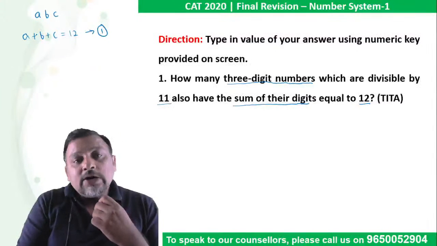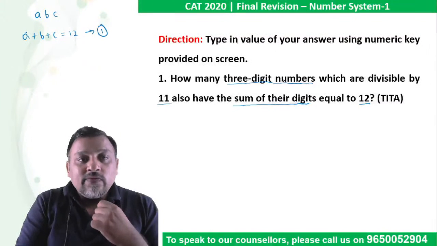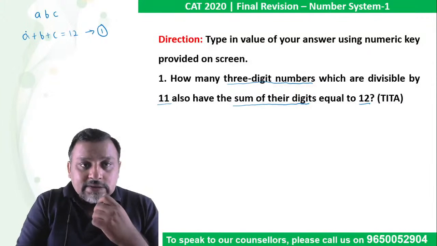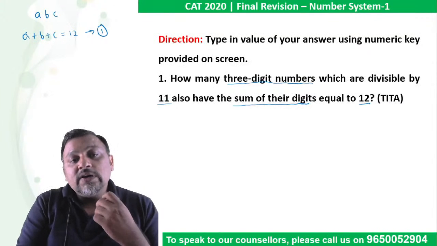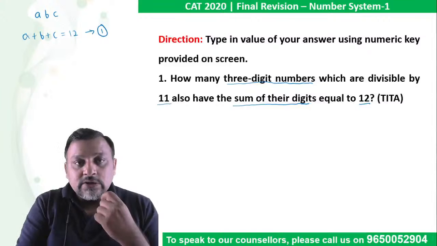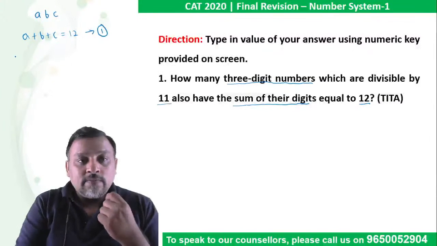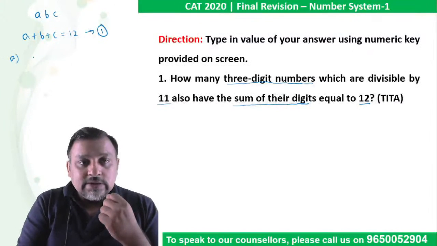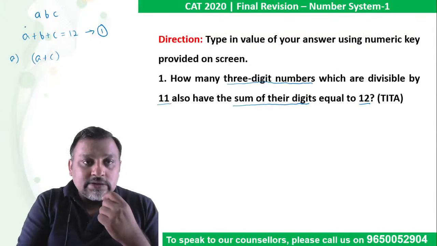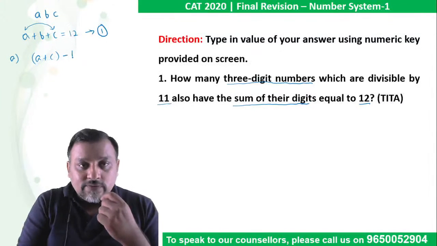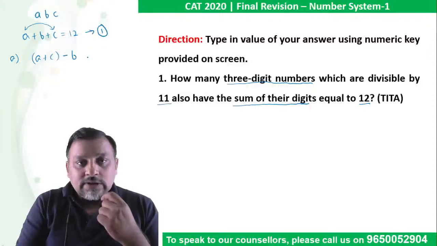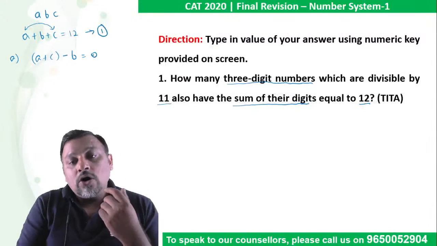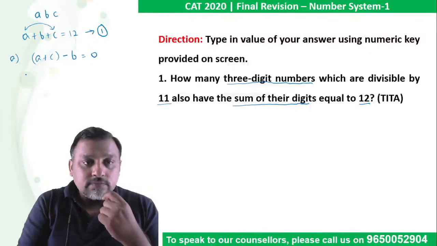So for a number to be divisible by 11, the difference of the sums of the digits at alternate positions should be a multiple of 11. So if I say A plus C, the sum of digits at alternate places, minus B, the difference has to be either 0 or 11 or 22 and so on.